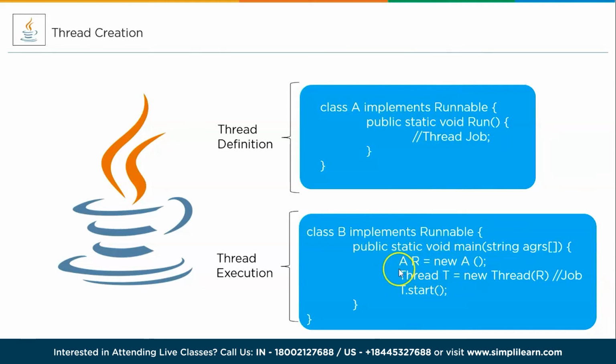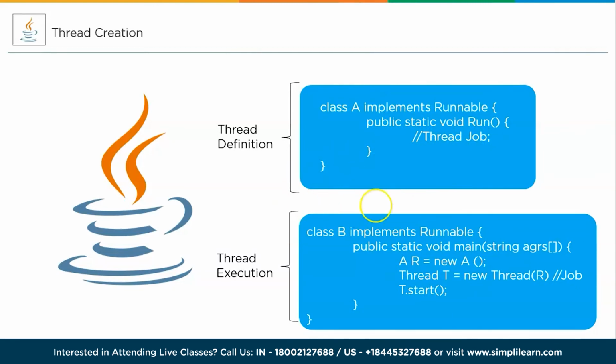So what we are trying to do is create a new object of this particular class, and that object will be accessed by the thread. So here we're creating a thread again, Thread t equals new Thread, and we are passing this particular object to the Thread constructor, and through this we are getting the start function. t.start will start executing the thread job in class A. So this is how the runnable interface works.